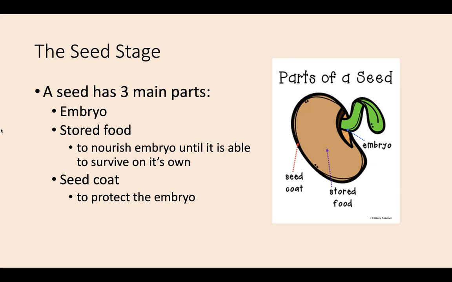That's why animals, humans included, eat seeds. They are rich in nourishment. And the seed coat is a strong outer layer that's going to protect the embryo. So it protects and nourishes, and then there's the embryo itself. Three things.